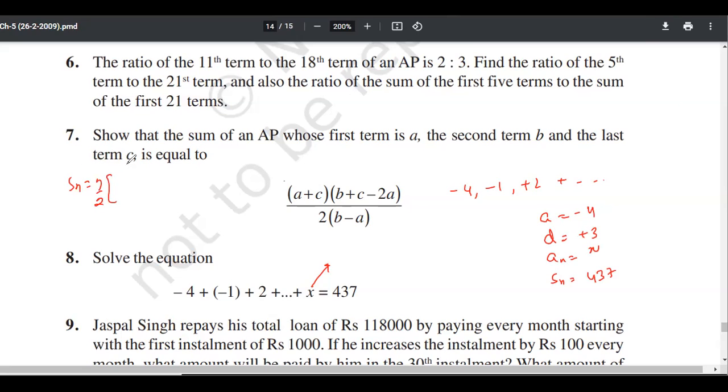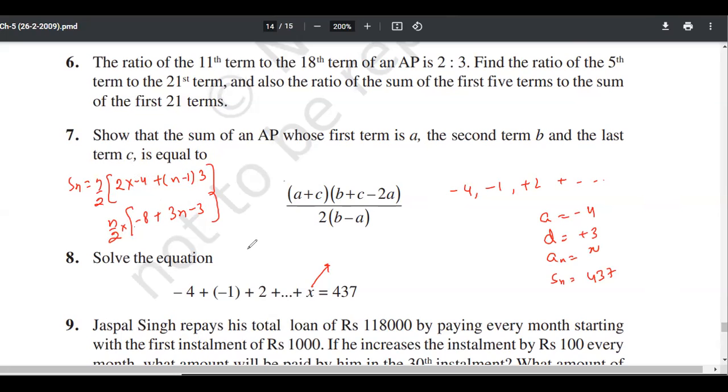By putting the formula that Sn is equal to n by 2 bracket 2a plus n minus 1 into d, na? That is 2 into -4 plus n minus 1 into d, which is 3. So you will get -8 when you multiply this. n by 2 into -8 plus 3n minus 3. So we'll get minus 11.